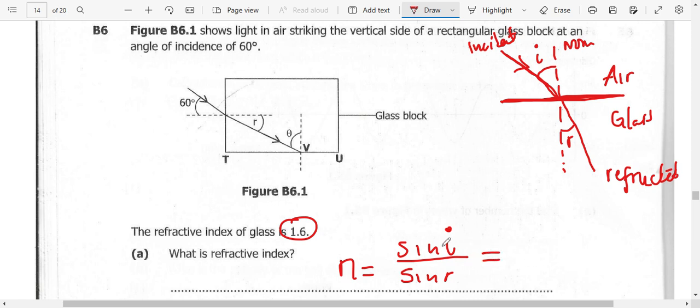So refractive index is the ratio of the sine of the angle of incidence to the sine of the angle of refraction. That's what you call refractive index. That's clear.